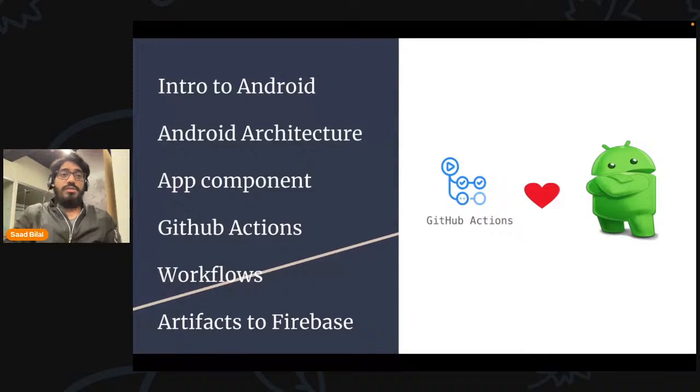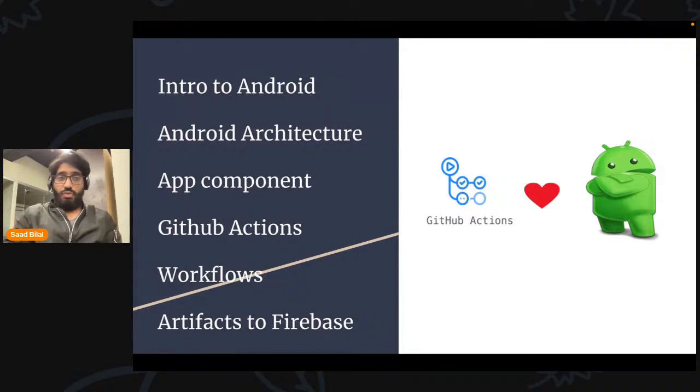I need to cover these topics. First of all, I have to introduce what Android is for the people who don't know or know a little. Then we can discuss the Android architecture, and some app components we need when developing the application.